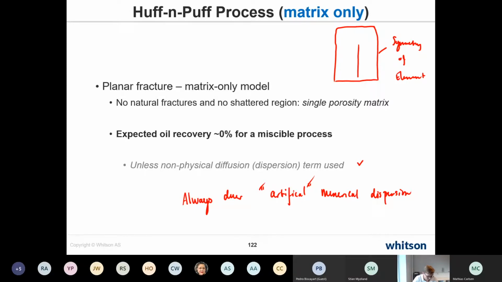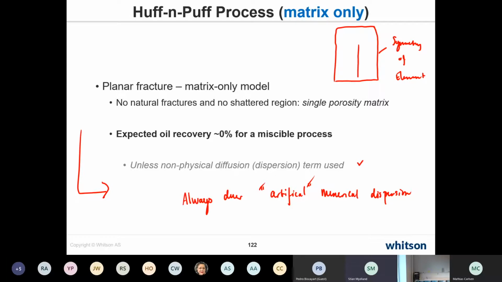Maybe you would like to add something here, Stian, because this is a key point that you'll touch base on many times. Yeah, so here the diffusion about dispersion comes in again, right? Because dispersion, again, is a word used for many things. The mathematics behind this is something I can discuss with you offline if you want.